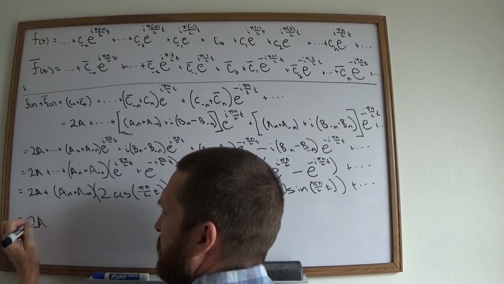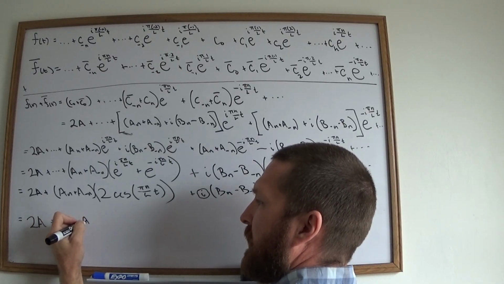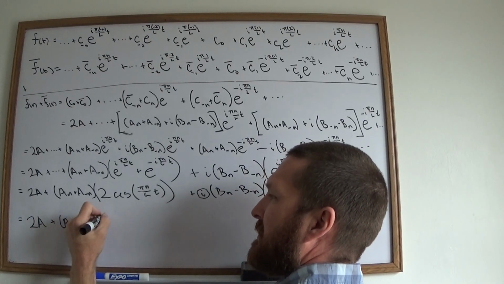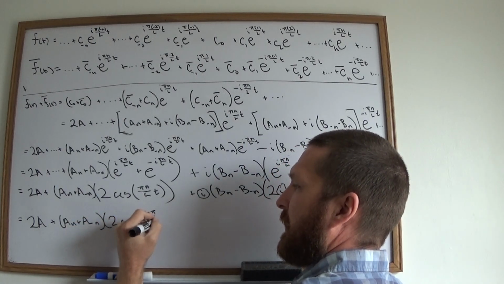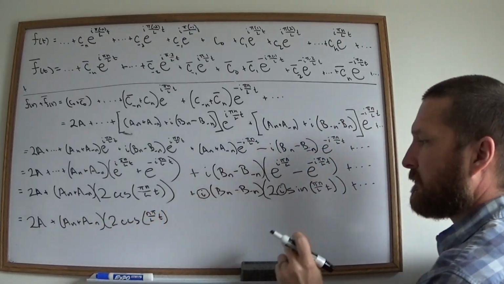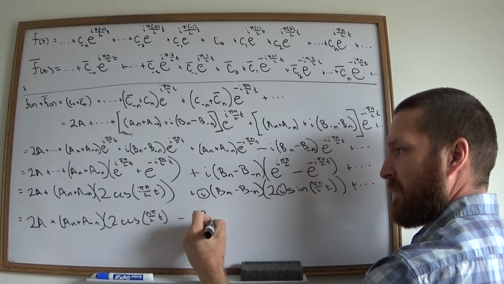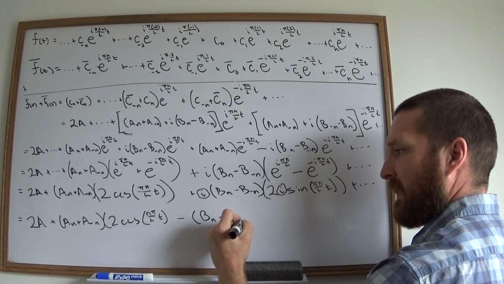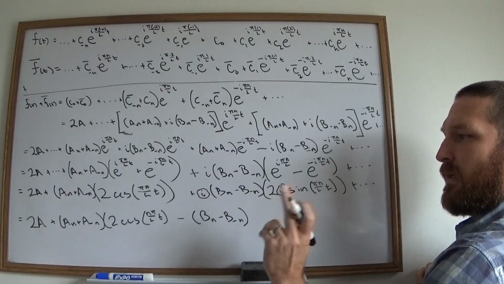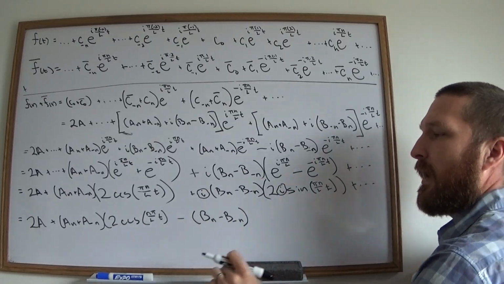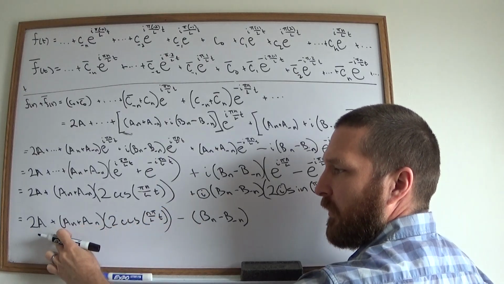Equals 2 times some a n plus a negative n times cosine of n pi over L t. The i's make that a negative, so that's negative b n minus b negative n. The 2 is there. Actually, I would like to take this 2 from over here and pull it out front.